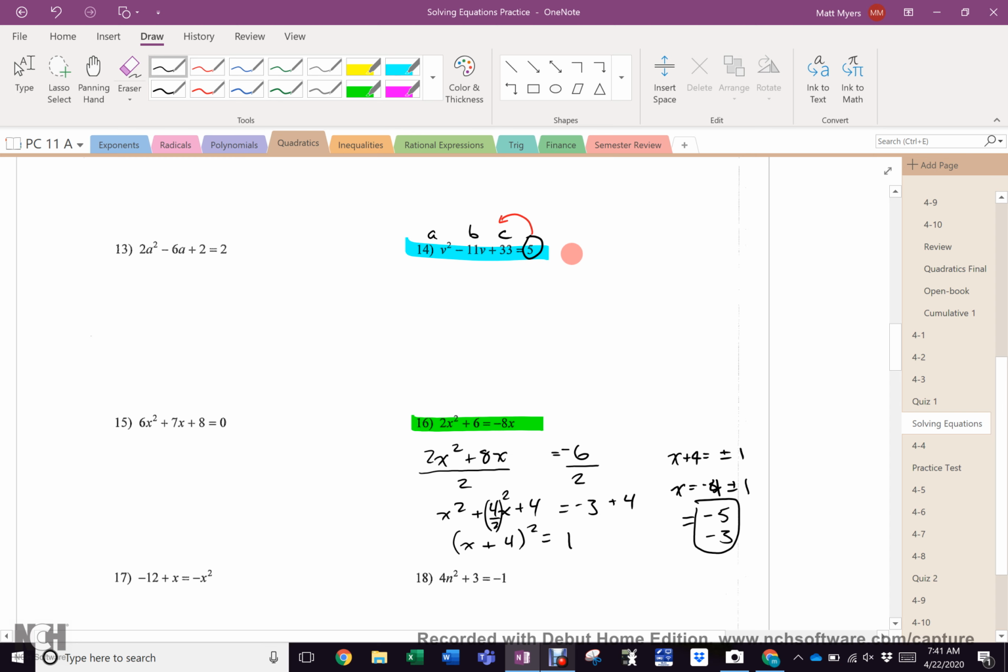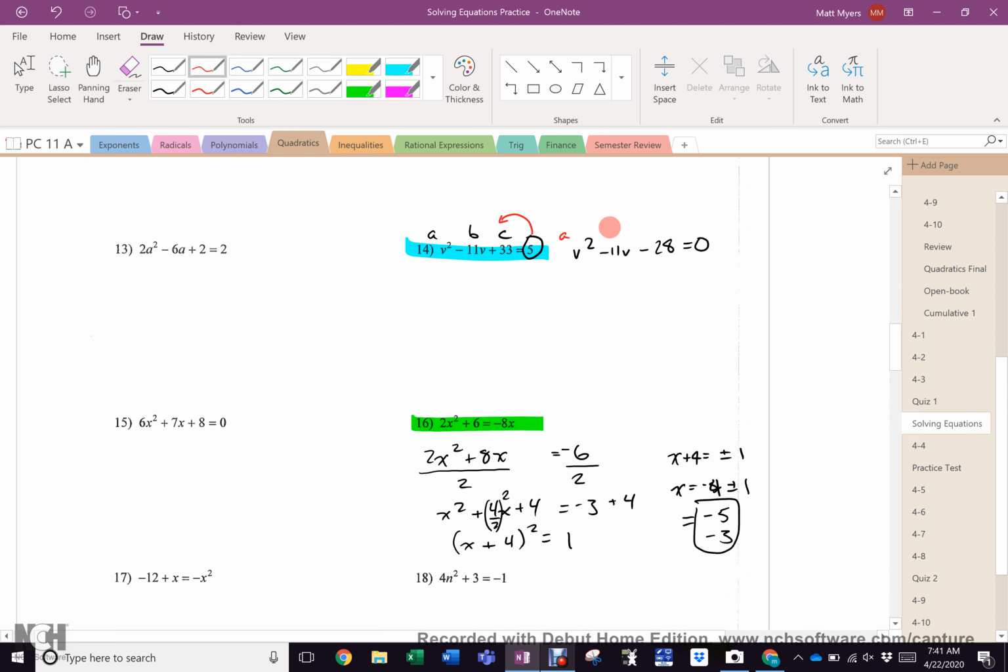So I end up with v squared minus 11v minus 28 equals 0.